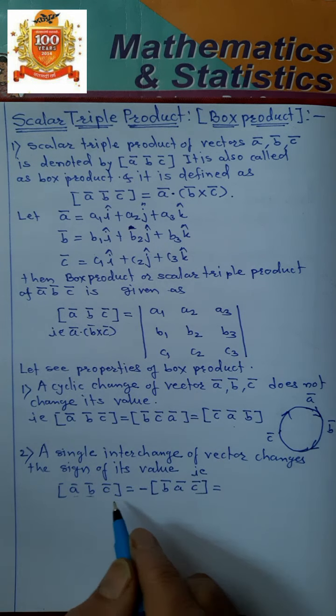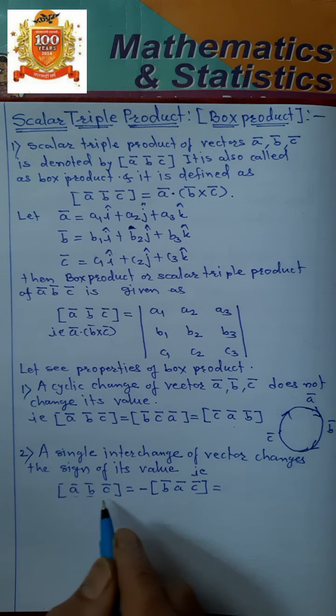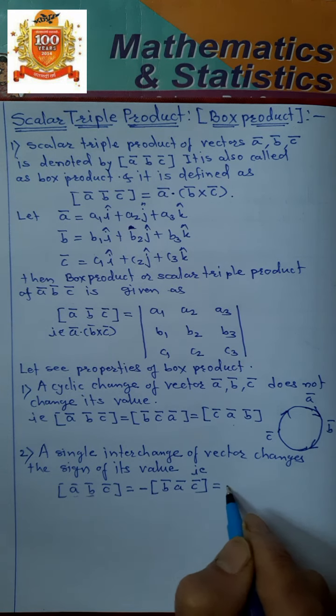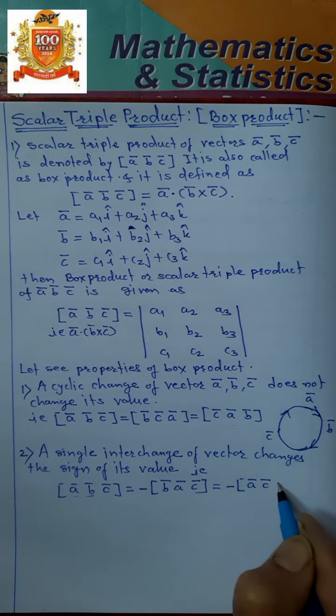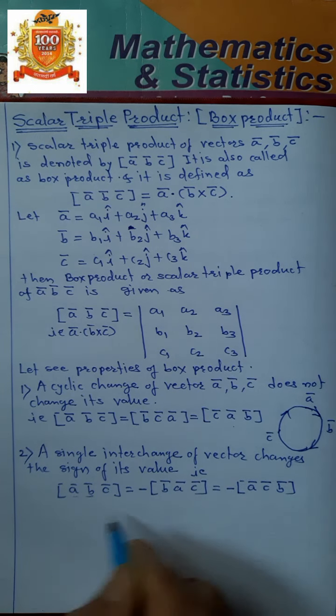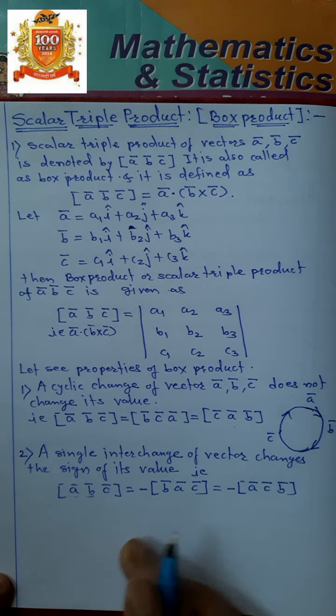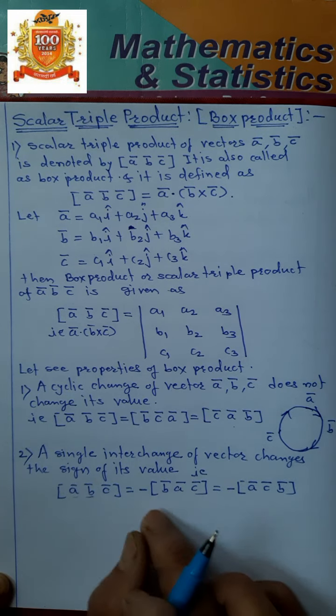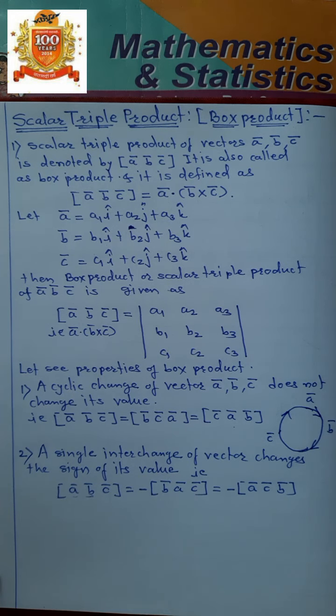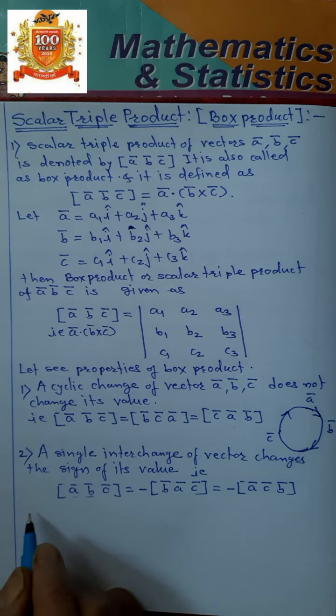If we change these two, then also sign will change, minus A bar, C bar, B bar, isn't it? If we interchange any two vectors, then sign will change. This becomes negative. That is the meaning of this property.